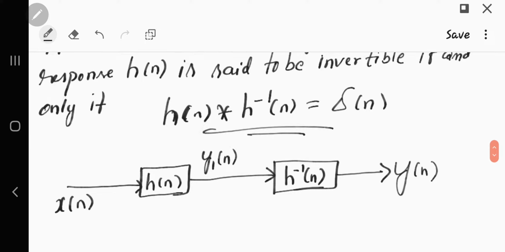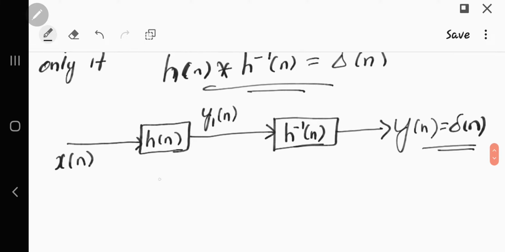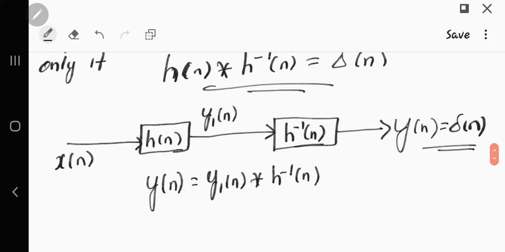So that means the output should be equal to delta n. If that happens, then the system is said to be invertible, because y of n can be written as the convolution of y1 of n and h inverse of n.